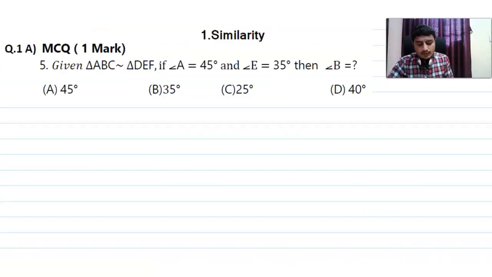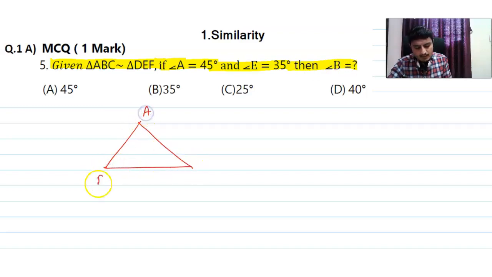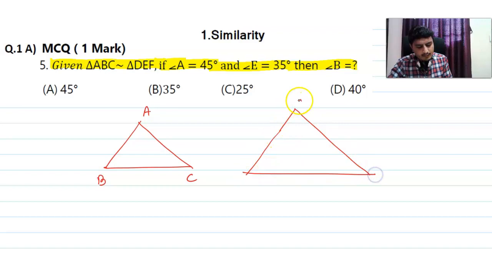Look at the fifth question. Given triangle ABC is similar to triangle DEF, if angle A equals 45 degrees, angle E equals 35 degrees, then angle B equals what. So here we are given two triangles. Suppose triangle ABC is the first triangle, and the other triangle is DEF.